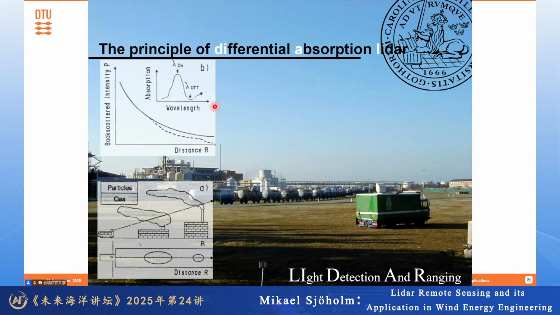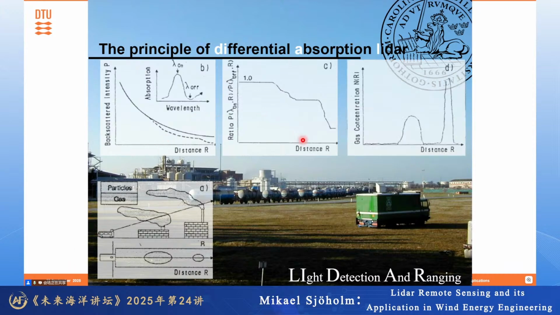And if there is something that particularly absorbs at this wavelength, you can see more absorption and decay of that. So this is the general principle of the differential absorption LiDAR, where we use several close line wavelengths and take an absorption peak, so you can see the ratio here as it decreases.